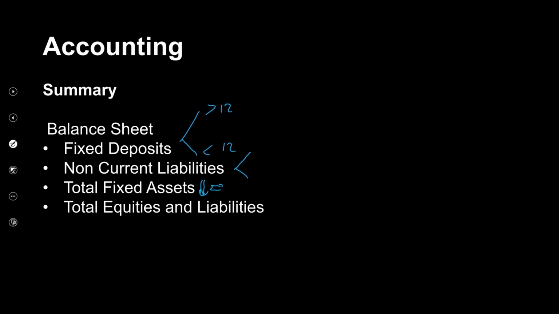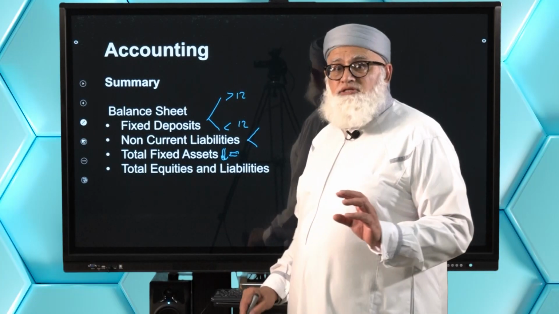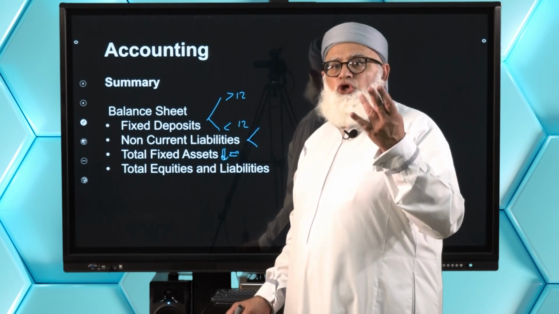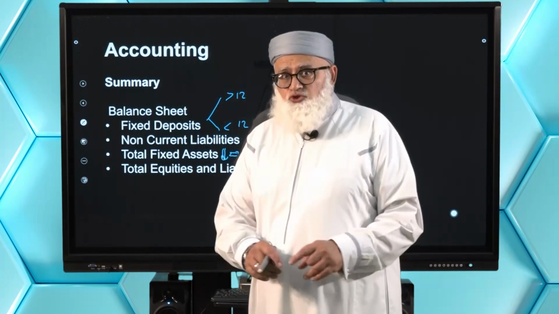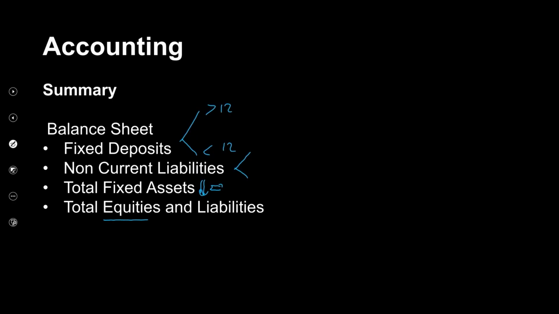The two halves of the balance sheet, the top half is your total assets, which is made up of your non-current assets, your financial assets, your current assets. All the assets added together will be equal to your total equity and liabilities, and you know then that your balance sheet is in balance.